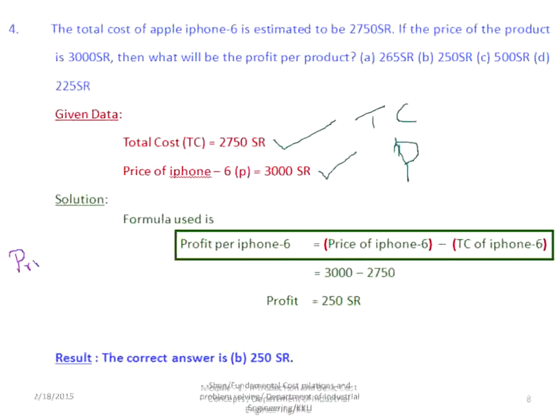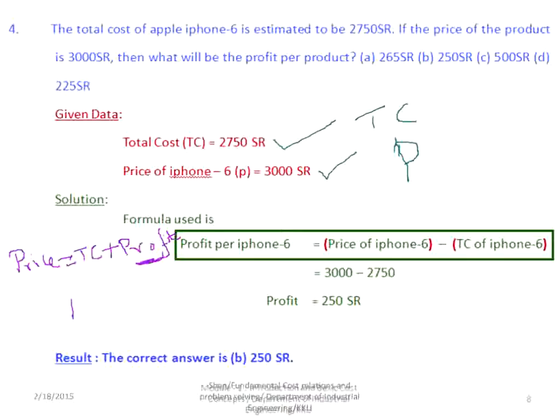The formula is price equal to total cost plus profit. Isn't it? Yeah, this is the law. Fine. Now we have to find out the profit. It is just an algebraic summation.